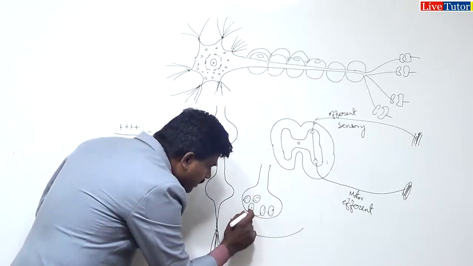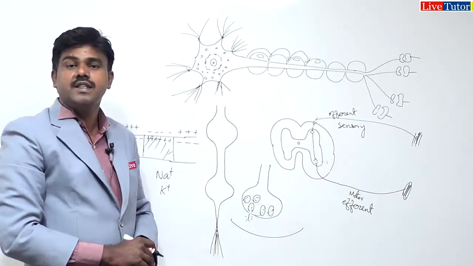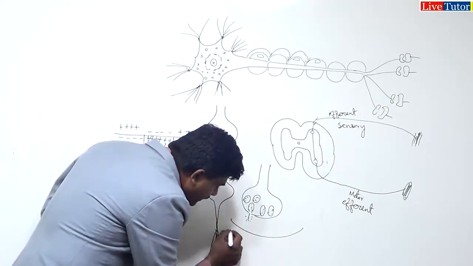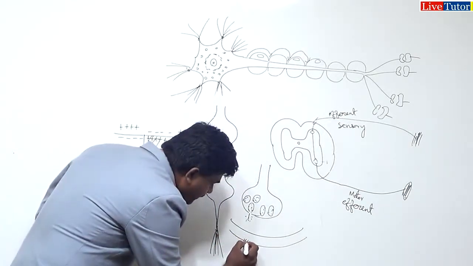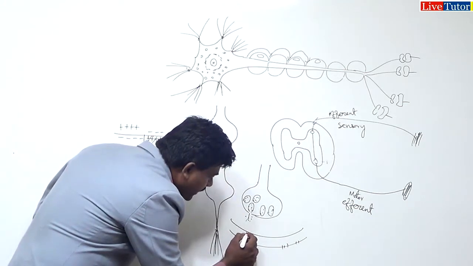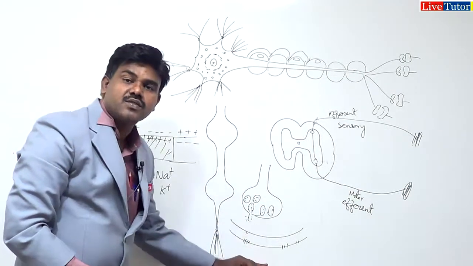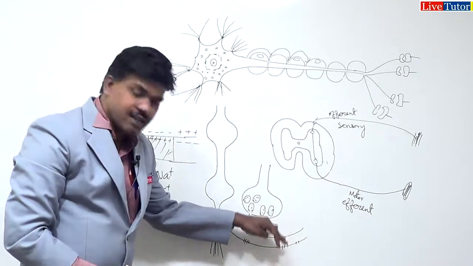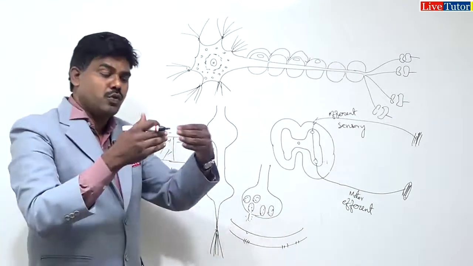Now the chemicals are released out into the synaptic cleft. Then here is the postsynaptic region, which has receptors. It receives the chemicals, so that nerve impulses are passed to the next neuron. The synaptic cleft is a space between the 2 neurons.